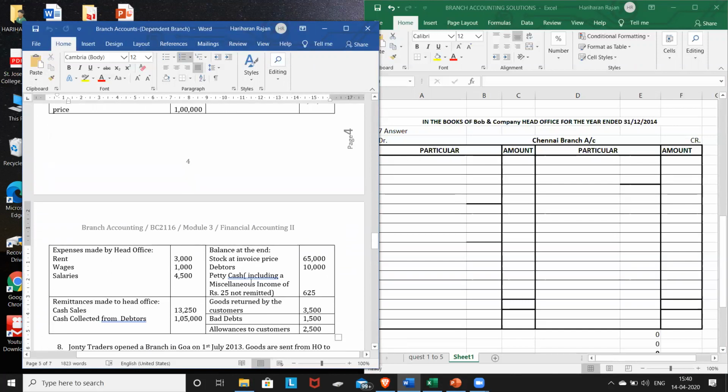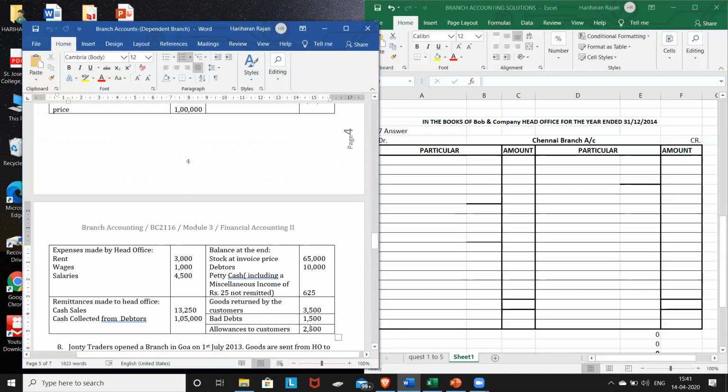Petty cash, which also includes some miscellaneous income which was not taken before, together it is 625, which is now remitted. Goods returned by customer 3,500, that was sold on credit. Bad debt 1,500. Allowance to customer 2,500.